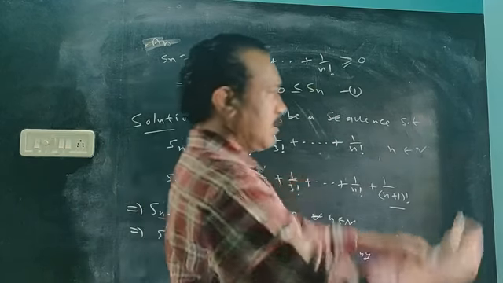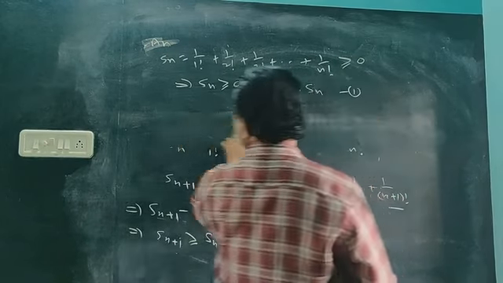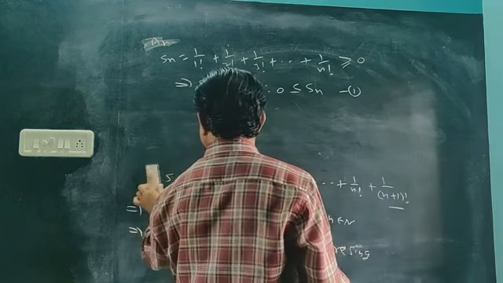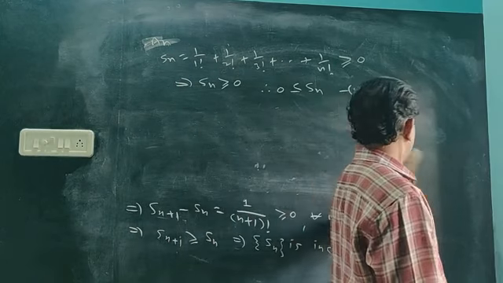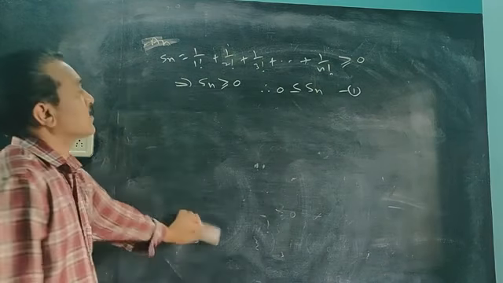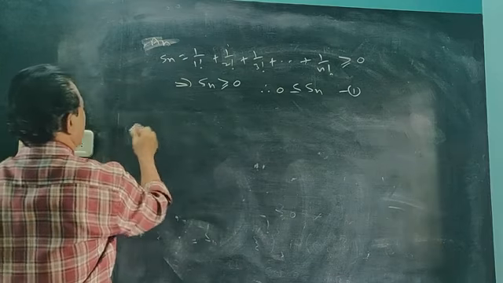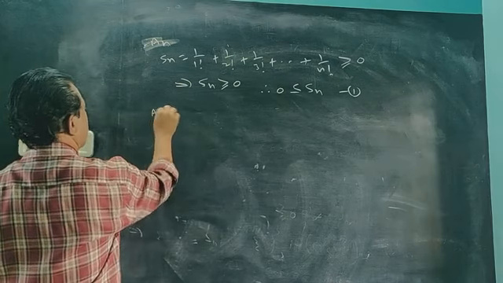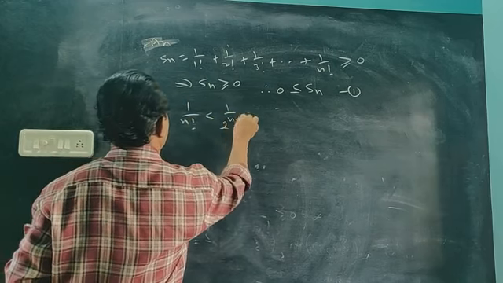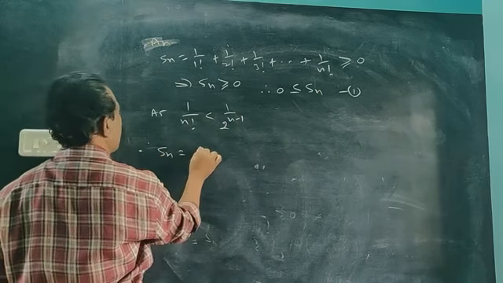I want now less than some value. Now as 1 upon n factorial is always less than 1 upon 2 raised to power n minus 1, we use it here. Sn is 1 upon 1 factorial, 1, no problem.